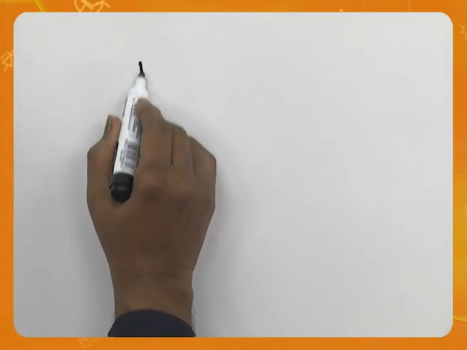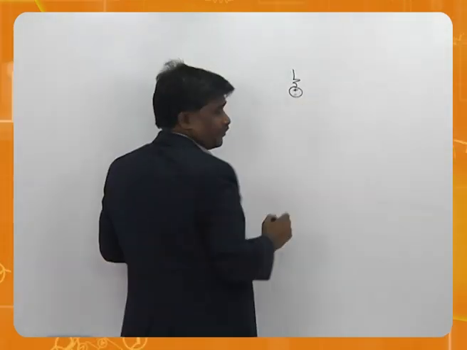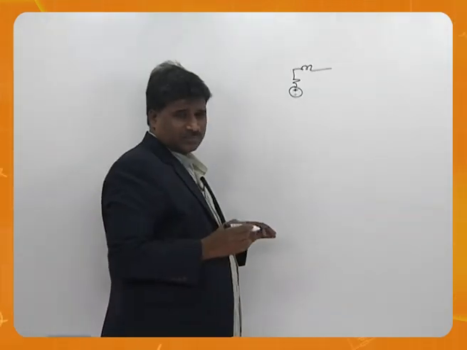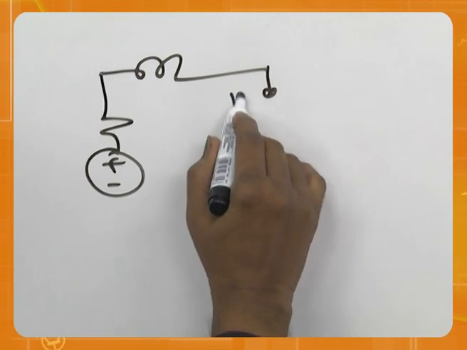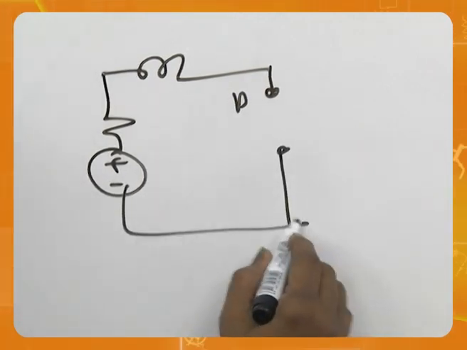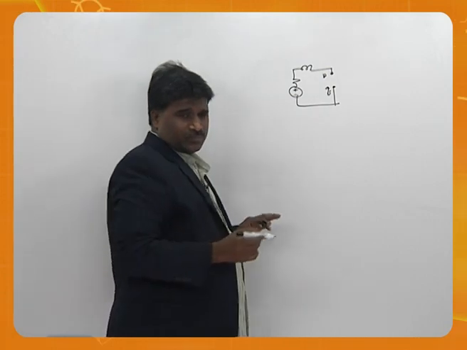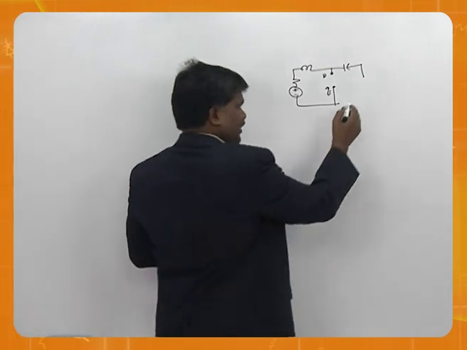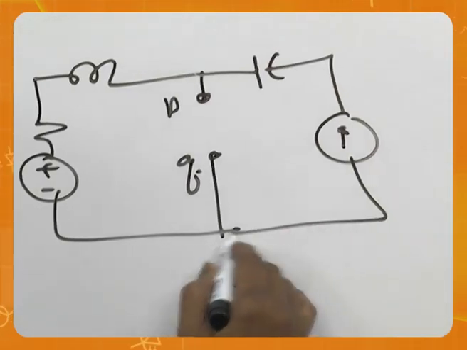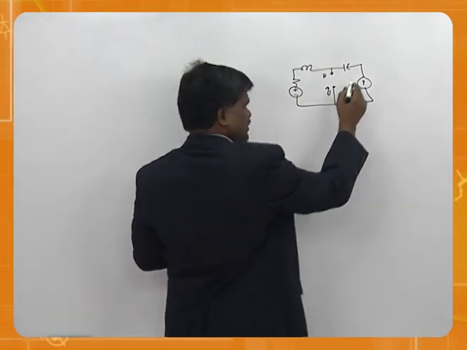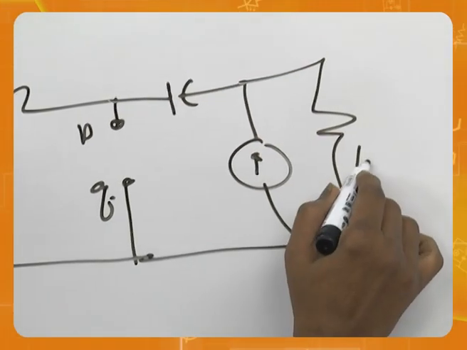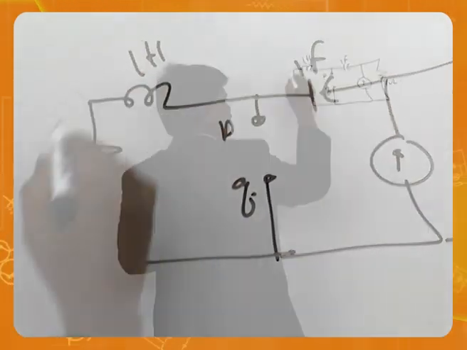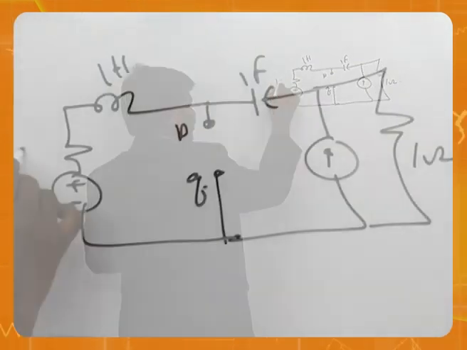So look at here, there is a resistor, then you have an inductor, this is P and Q, then you have a capacitor, then you have a current source, then also you have a resistor, 1 ohm, 1 farad, 1 Henry, 1 ohm.